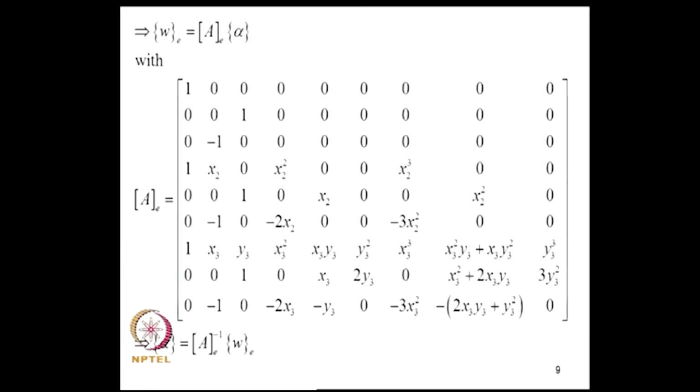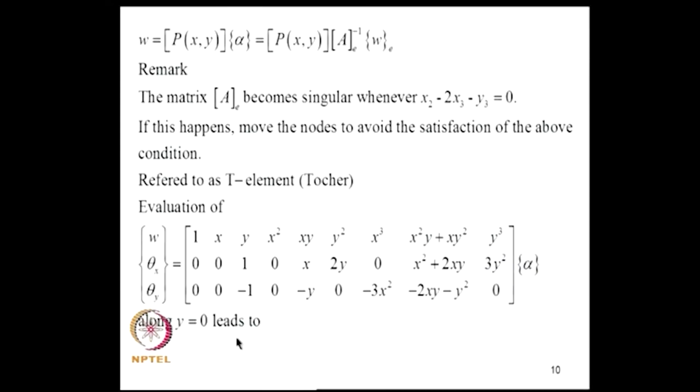This leads to an equation of the form where the element nodal degrees of freedom in terms of these generalized coordinates are related to each other through this matrix A, which is a function of nodal coordinates. So, alpha can be obtained as inverse of this. This determines the relationship between generalized coordinates and the nodal degrees of freedom. So, we can write W as P alpha, which becomes now P A E inverse W E.